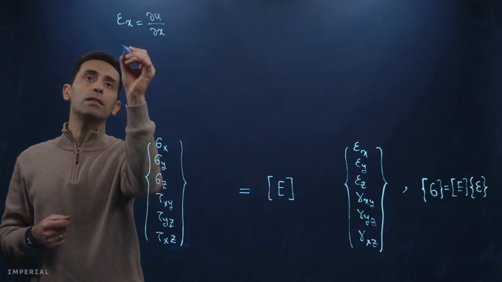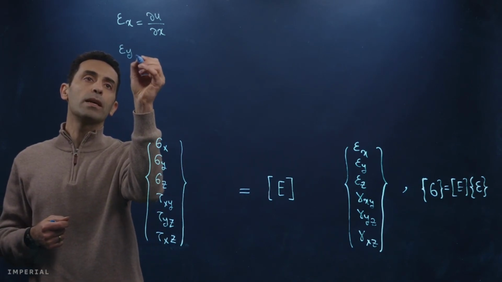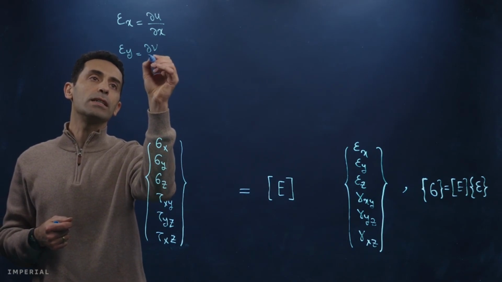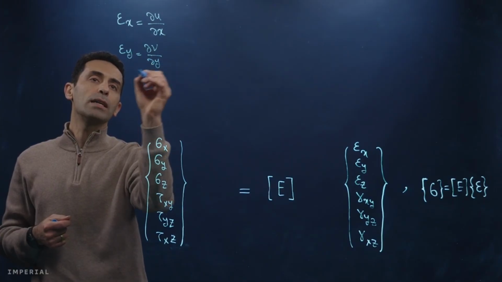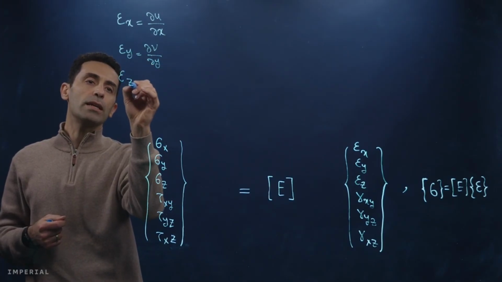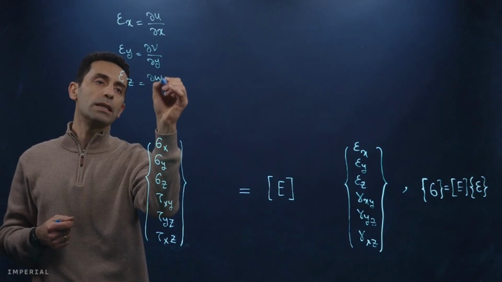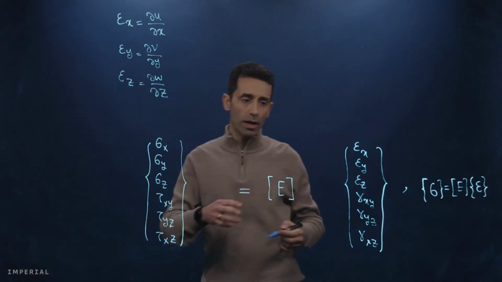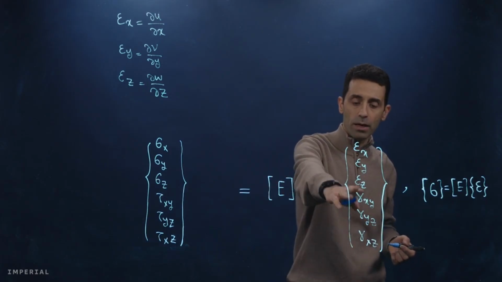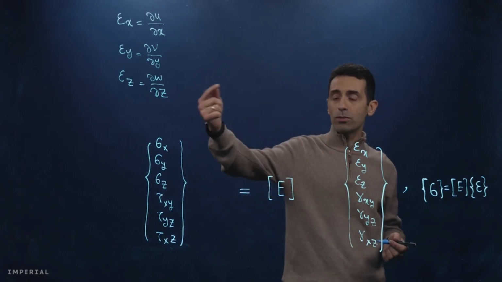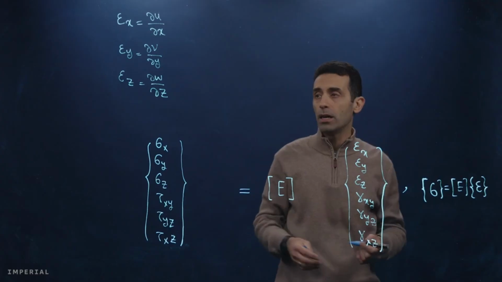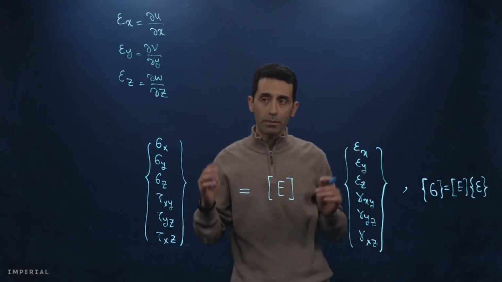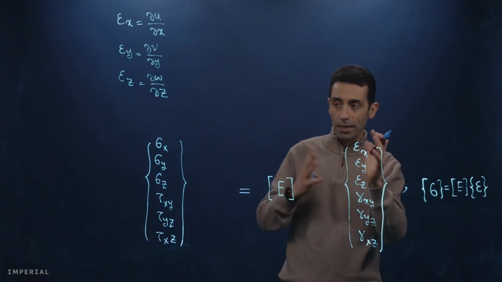Similarly, epsilon y is dv dy, and you can imagine epsilon z is dw dz, okay? And similarly for these shear strains, we can use derivatives to find them. I'm not going to write all of this, but I'm going to write everything in a matrix format.